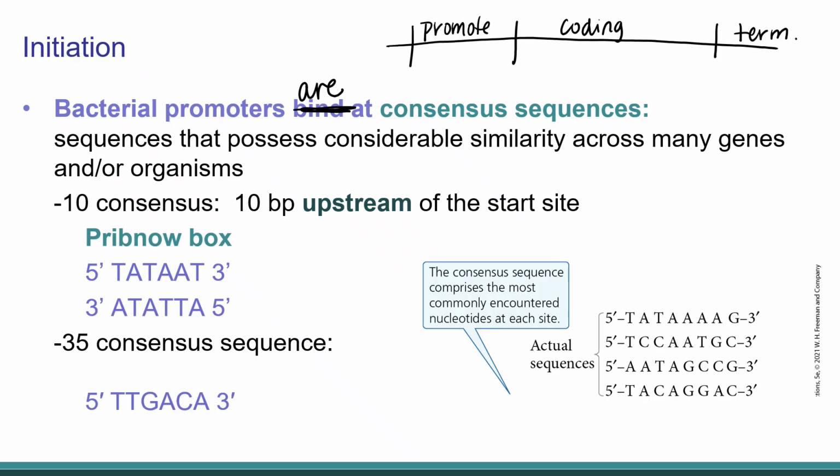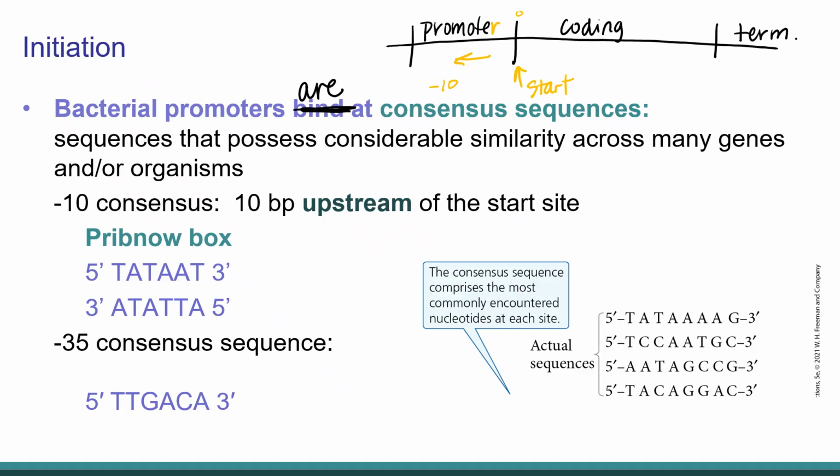So right here at the edge of the promoter and the coding region is going to be our start site. So this is where transcription is going to start. Now, 10 base pairs upstream, or at -10, if we call this the 0, 10 base pairs upstream, we're going to find our first consensus sequence.